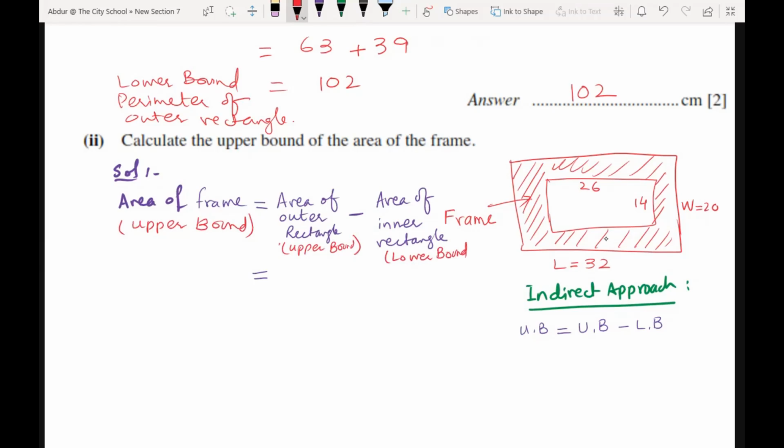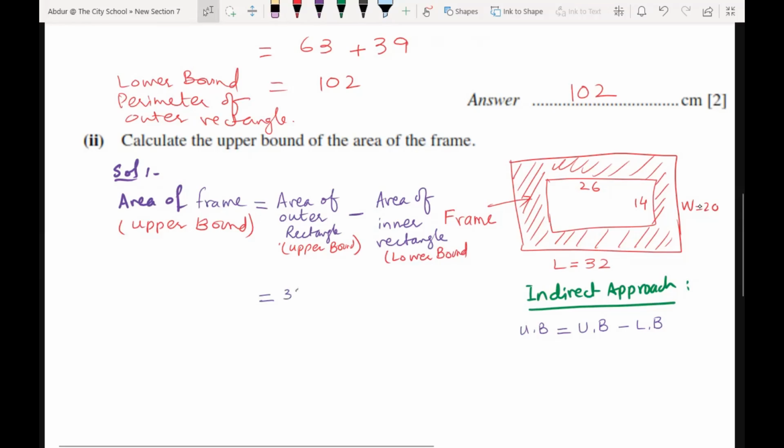For upper bound area of outer rectangle, you should know the upper bound length and the upper bound width of the outer rectangle.